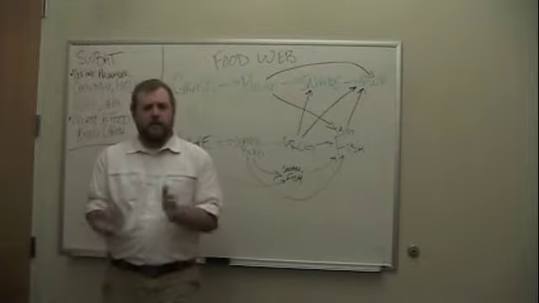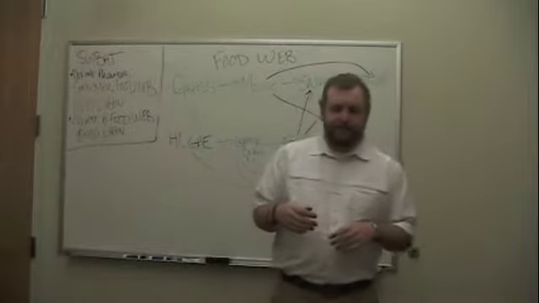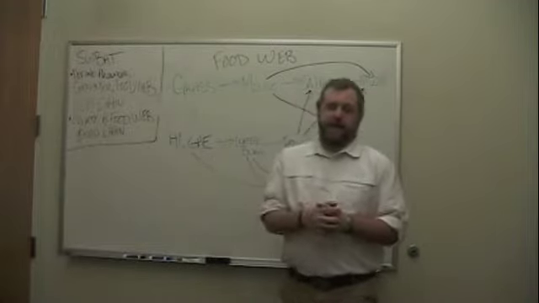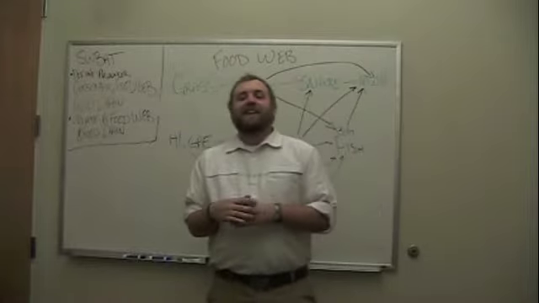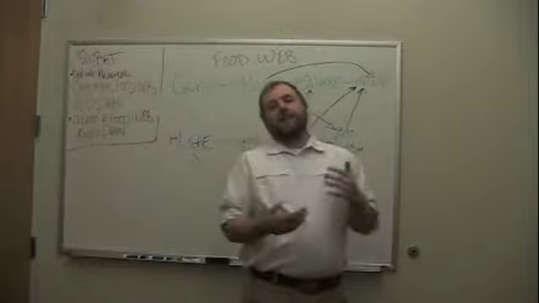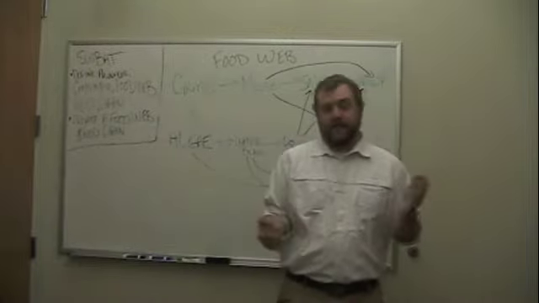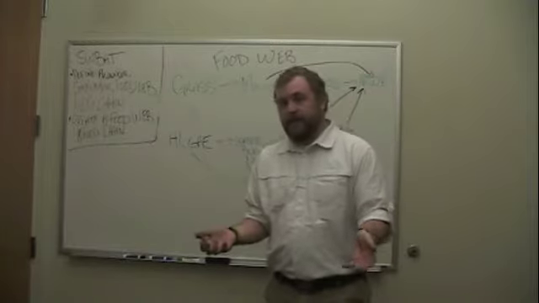So what are our producers? Yeah, perfect. They are things that make their own food. What are our consumers? Yep, anything that consumes something else, anything that eats to get its food. So they eat our producers, and they also eat other consumers, right?